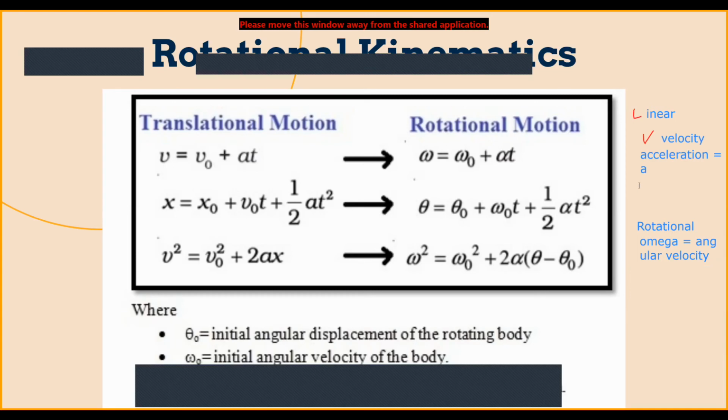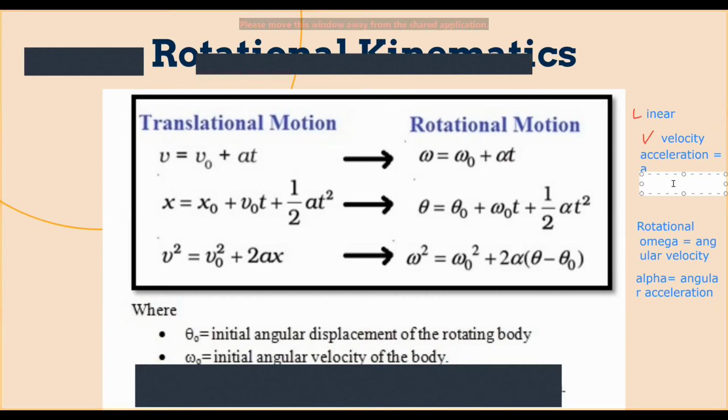And then next we have displacement. What is displacement? That's delta x. So we use delta x for displacement. And delta x basically comes from x minus x naught, which is what you see in the image right here.